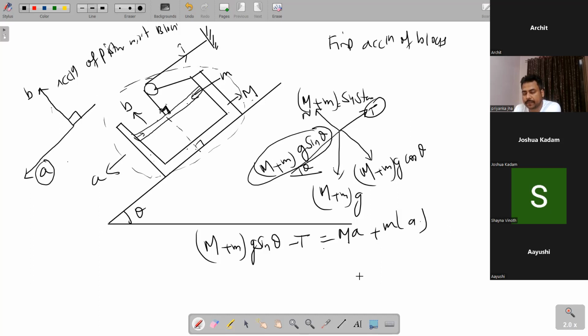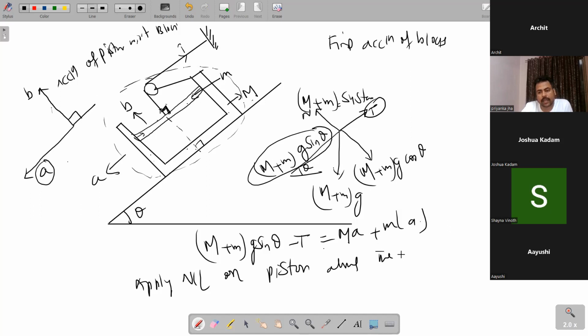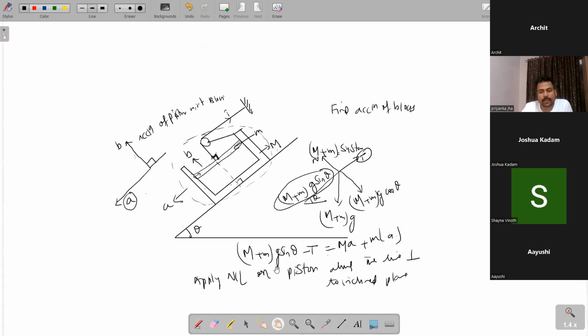Yes, sir. Did everyone understand this? Yes, sir. Now apply Newton's law on the piston along the line perpendicular to the inclined plane. What will happen here?